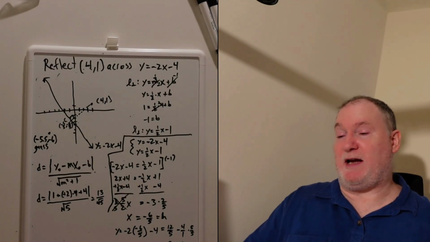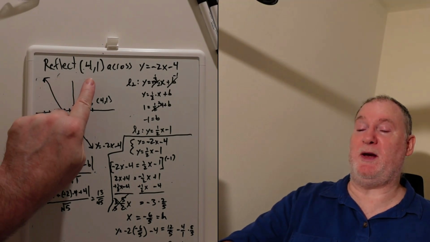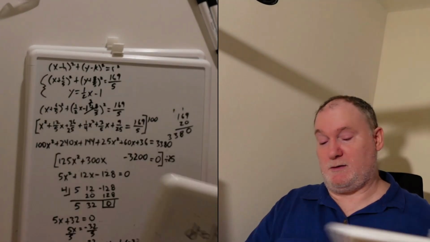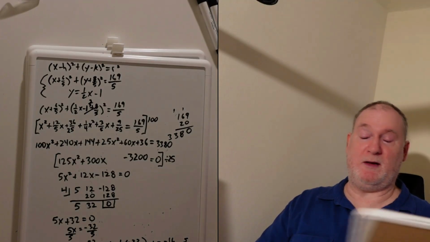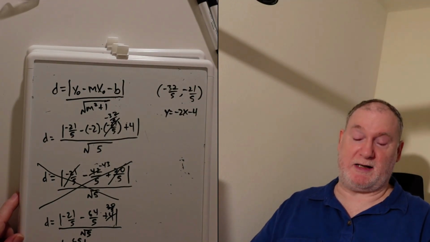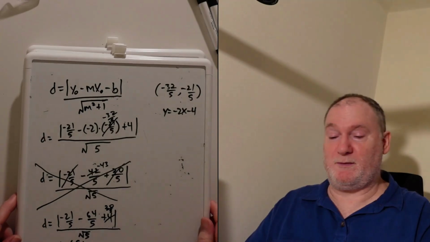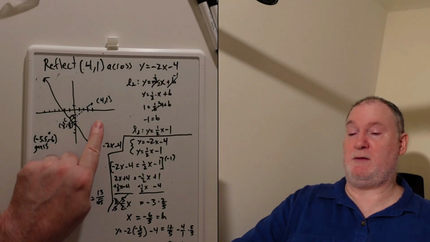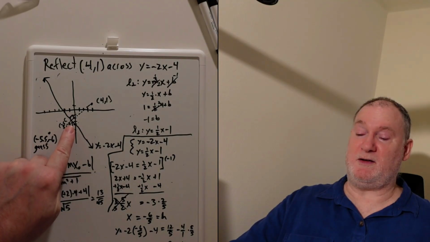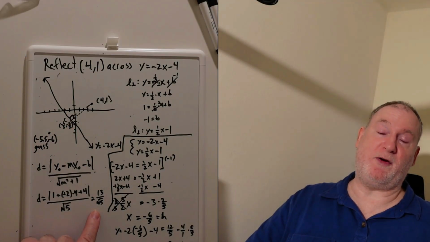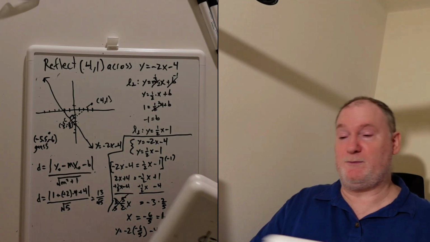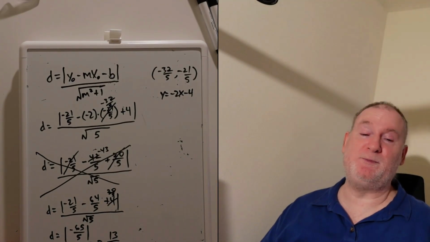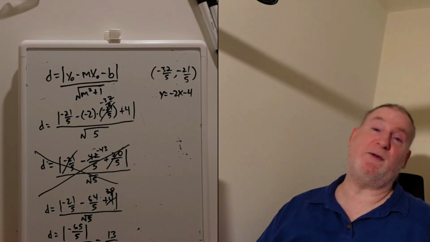The original task was to reflect this point across this line. We found the point and we checked it. We got the same distance that we got from the original point to this line, which gave us 13 over square root of 5. Everything works. Math is great.